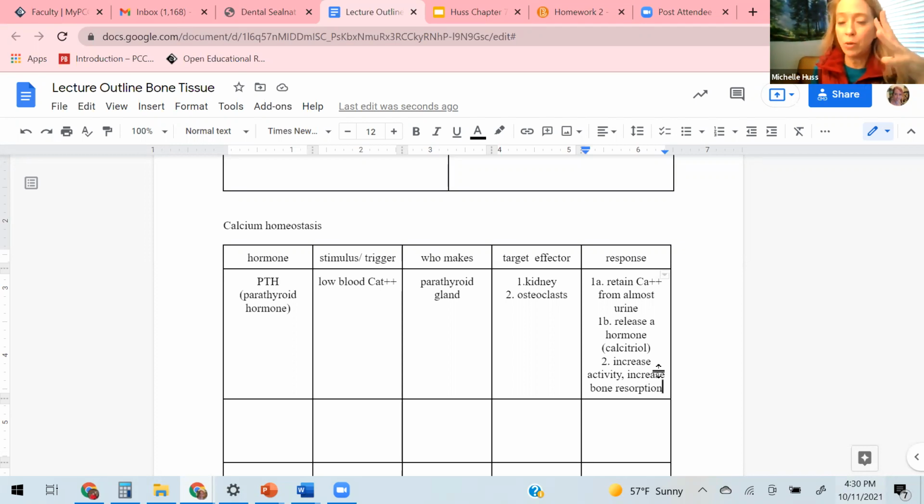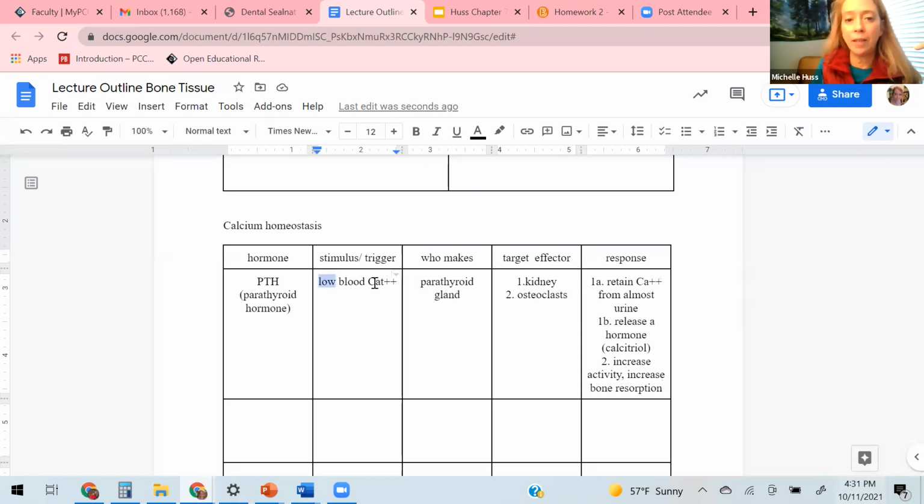All of these responses do what? Do I go back into homeostasis or am I getting more out of homeostasis? What do you think? These are negative feedback loops.